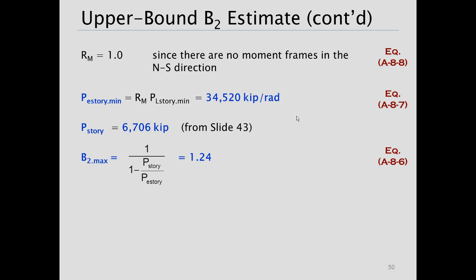And so when we're designing these braced frames and looking at the bottom story level, we should be using a sideway amplifier of 1.24 as essentially an upper bound estimate. If our brace frames come in just barely meeting our seismic P delta limit, then the actual value would be 1.24. Now, typically brace frames are going to be governed by strength, so this is going to be a little conservative.